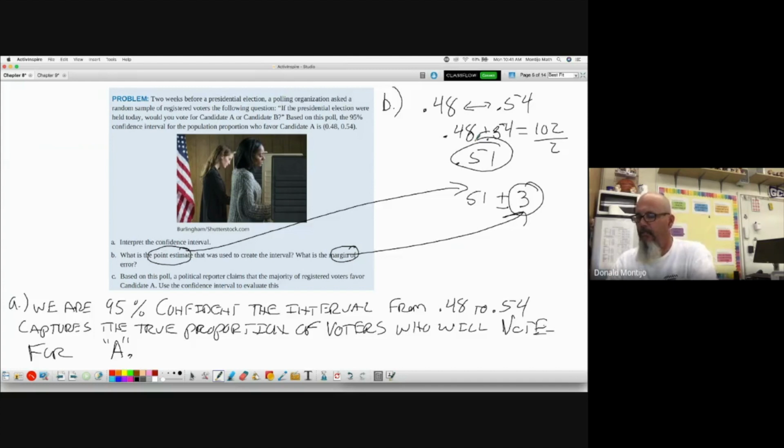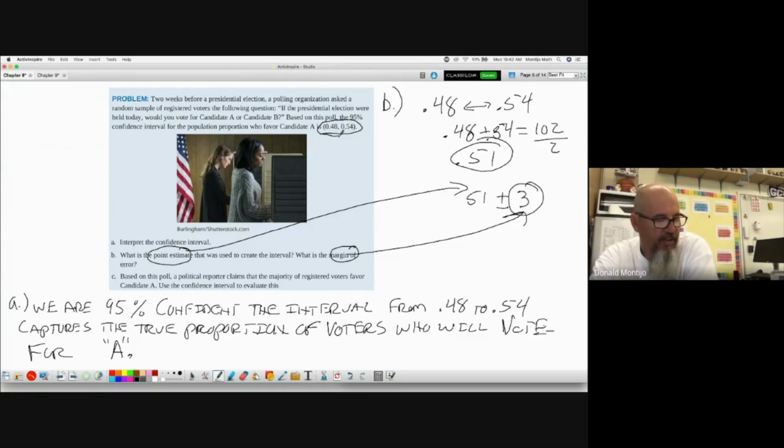Since the confidence interval goes from 48 to 54, I am 95% confident that the true proportion of voters who would vote for A is between 48 and 54%. I am not confident that it's going to be the majority. I am not confident that it's going to be more than 50%. Okay?